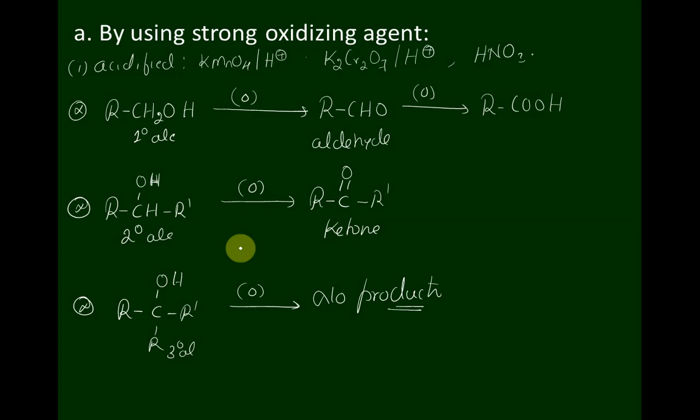So what does it indicate? When alcohols are subjected to oxidation in the presence of a strong oxidizing agent, respective products are obtained. Primary alcohols get oxidized to aldehydes, which very easily get oxidized to carboxylic acids, whereas secondary alcohols get oxidized to ketones very easily, but ketones do not further undergo oxidation under normal conditions.